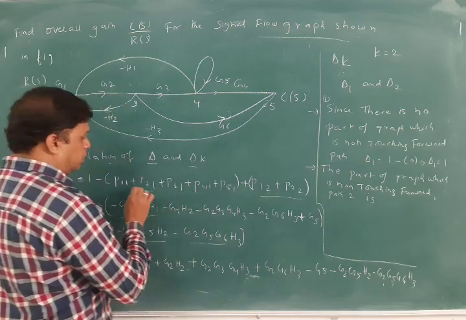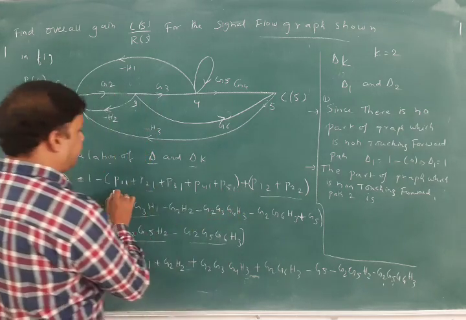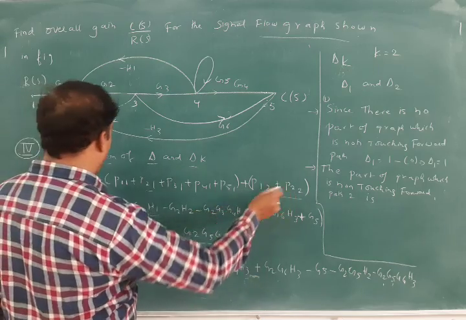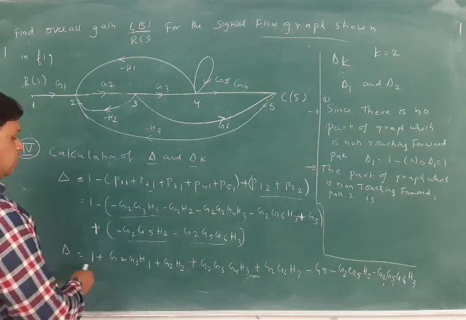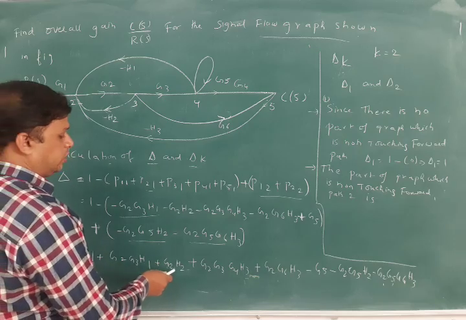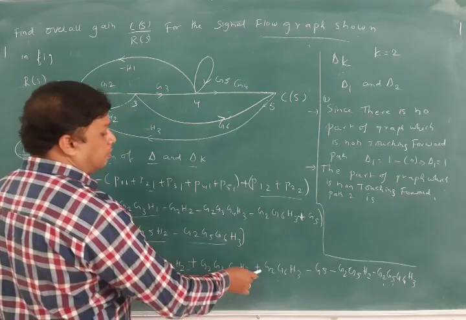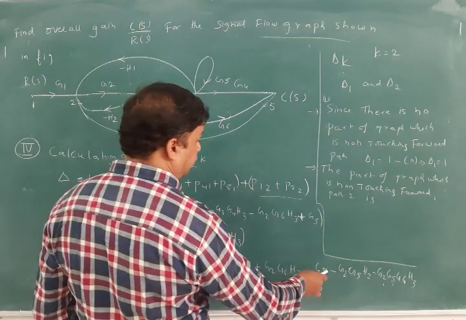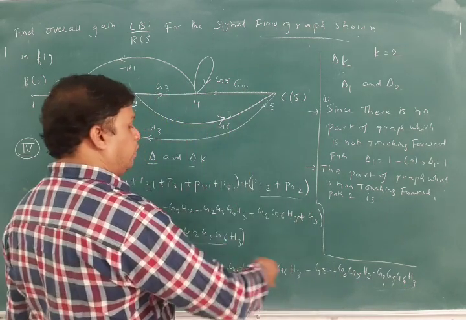The gain products are given here, P11, P21, P31 up to P51. So there are 5 of those, and only 2 of these. We write those gains and get delta equal to 1 plus G2 G3 H1 plus G2 H2 plus G2 G3 G4 H3 plus G2 G6 H3 minus G5 and so on. The values given here are to be written like that.